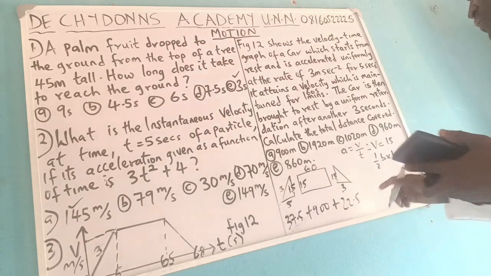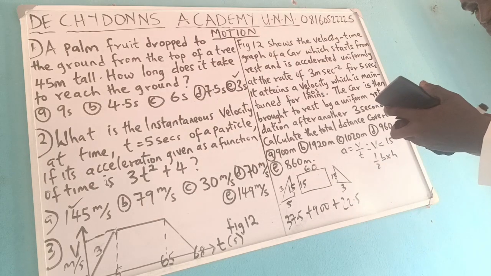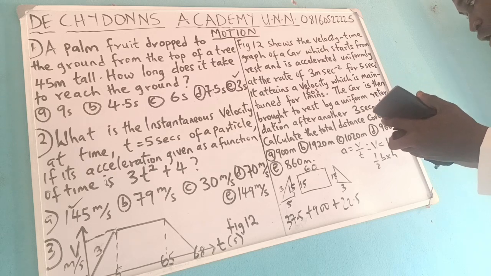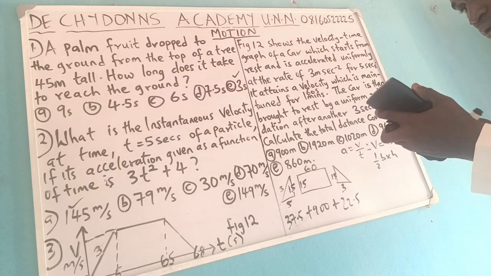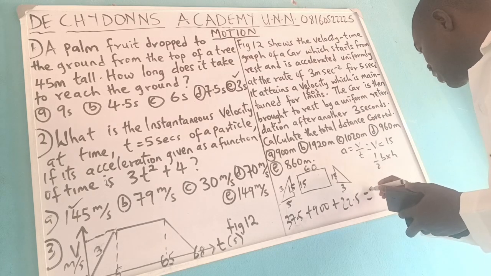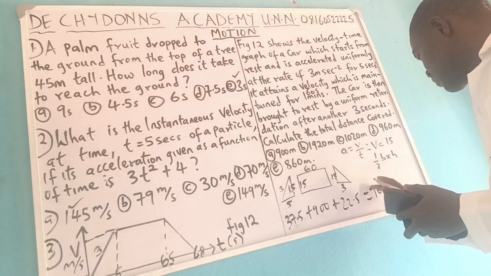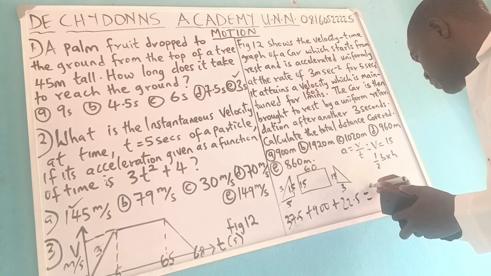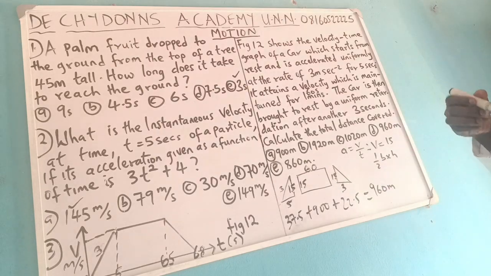And so add everything: 22.5 plus 37.5 plus 900. That will be giving you 960 meter. That is one way of solving it.